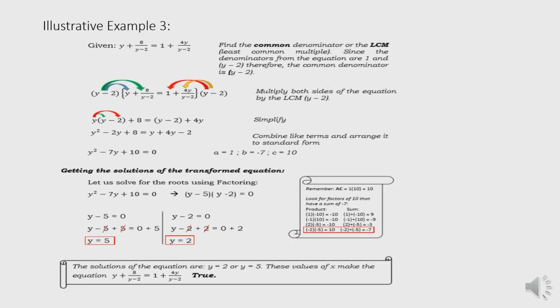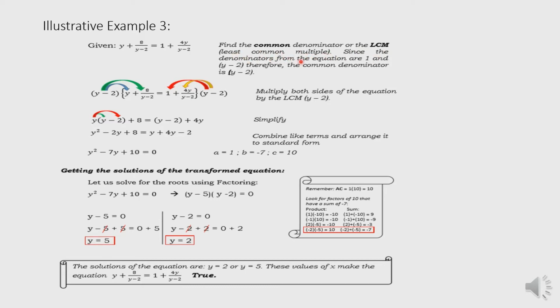Now, let's move on to illustrative example 3. The given equation is also in rational equation form because this is fractional and this one. So we have to find first the common denominator or the LCM, least common multiple.